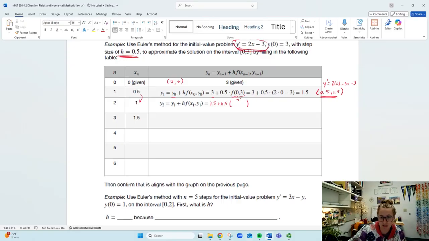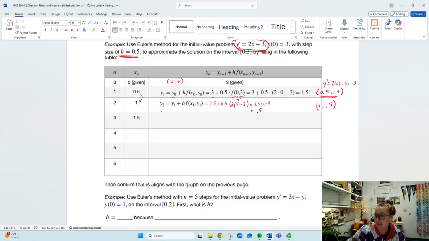So for this y prime value, I'm plugging in 0.5 for my x, and then minus 3; my y value doesn't really matter a whole lot there. If I simplify this down, I will get 1.5 plus a -1 when I do all of this math on the inside. So I'll just get 0.5. So my x value was 1, and now my y value is 0.5.